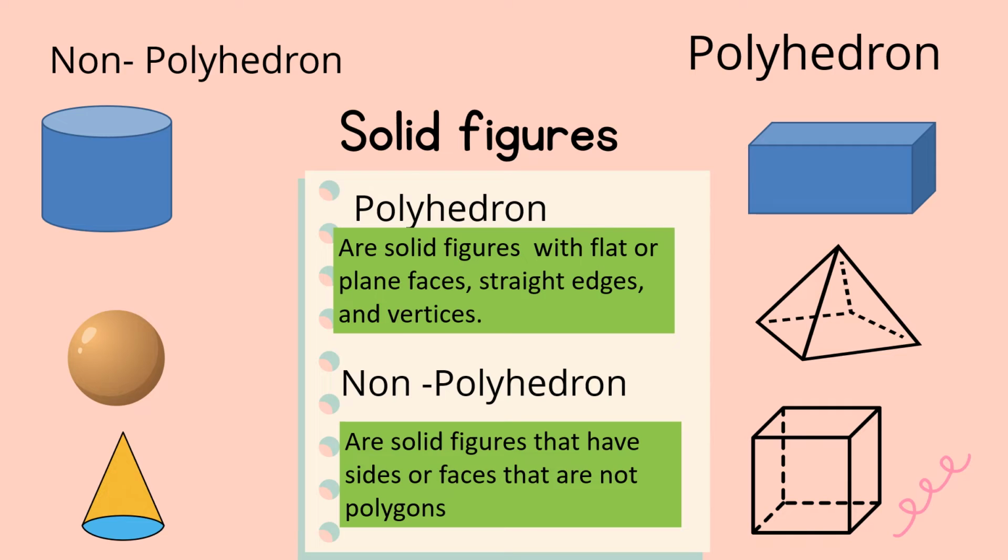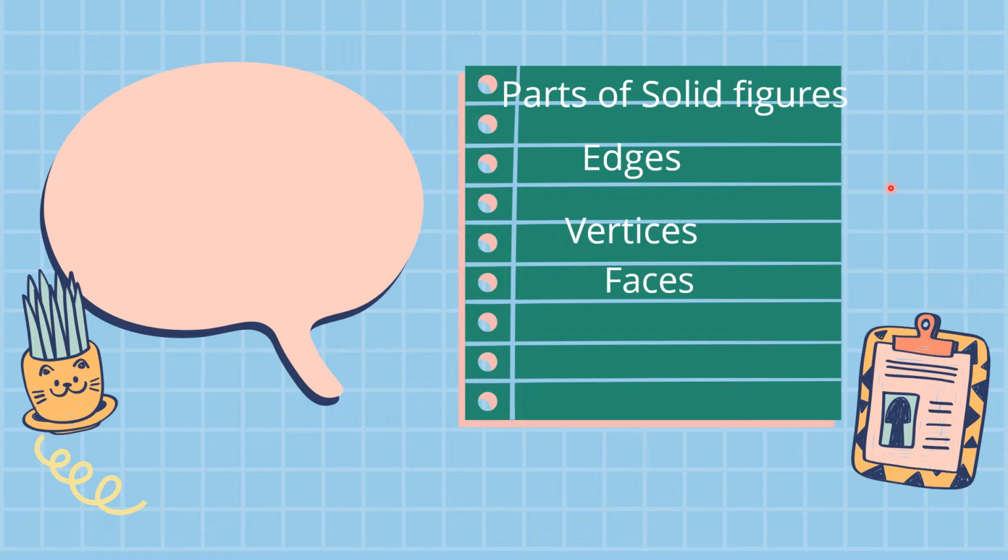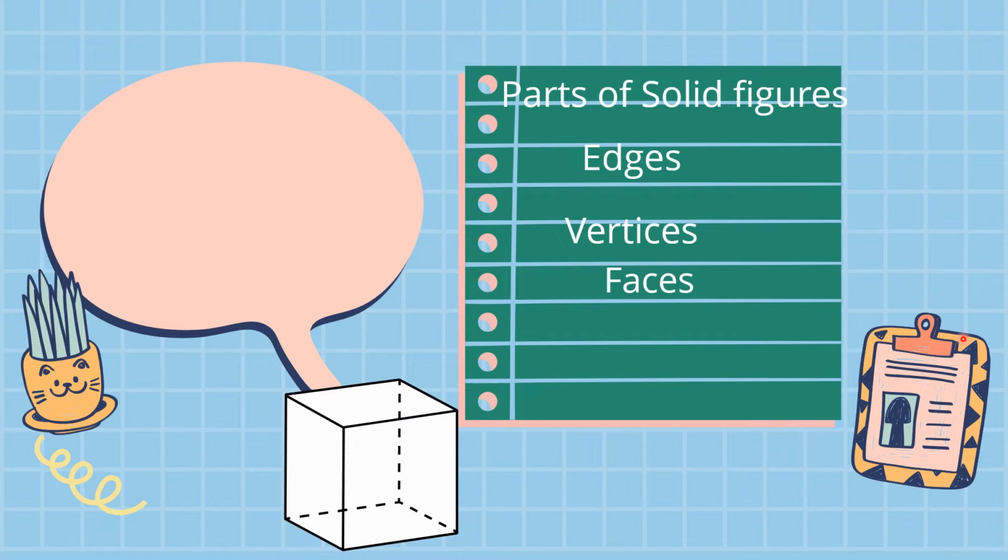Now we're going to learn the parts of the different solid figures. Generally, they have edges, vertices, and faces. Here, again, what is this? This is a cube.